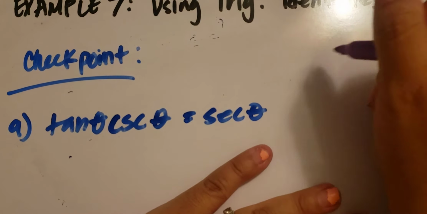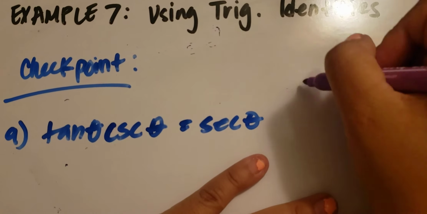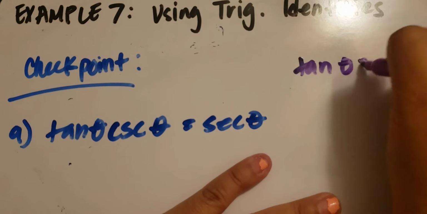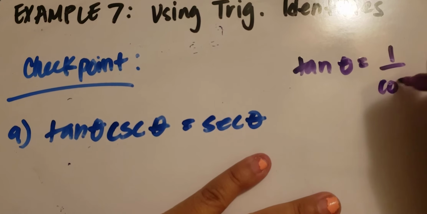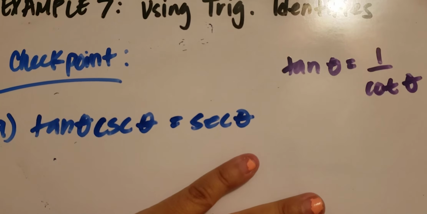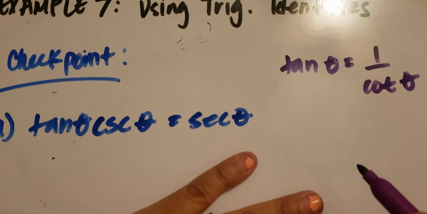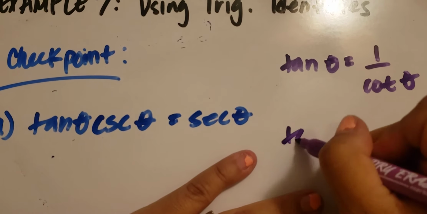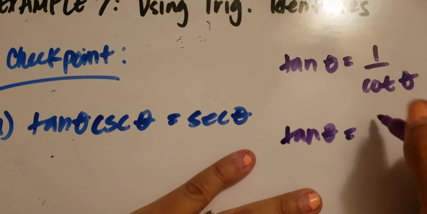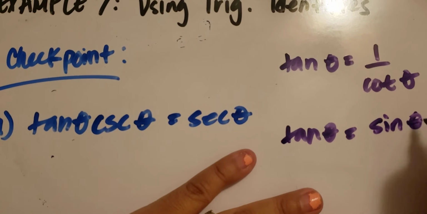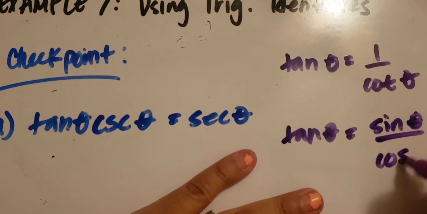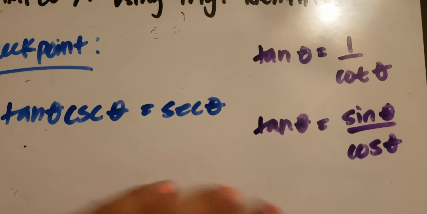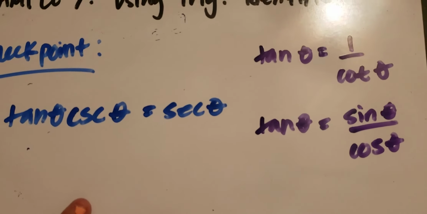Here's a couple of hints. I look at the book and I know that tangent of theta is 1 over cotangent of theta. And if you look at the book, you also have another choice: tangent of theta is also sine of theta over cosine of theta. I'm going to write these all out just so you know.